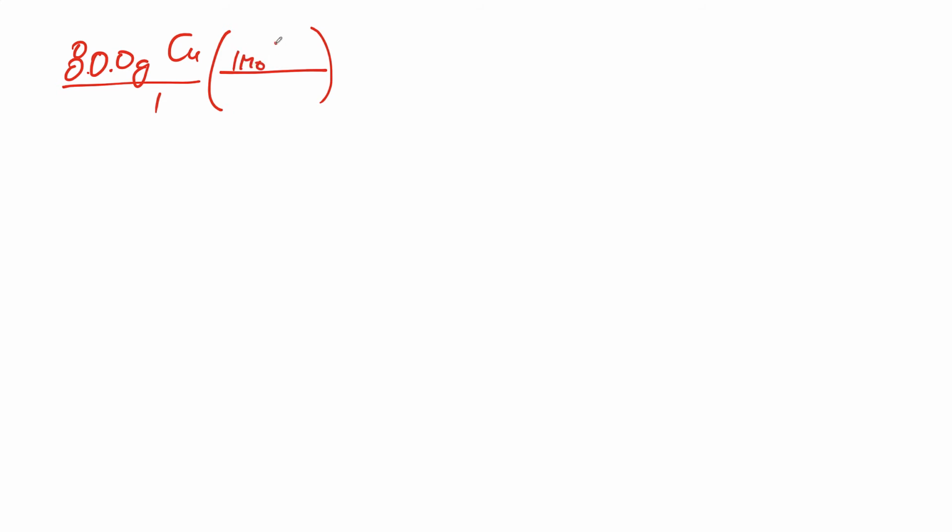So 1 mole of copper has a molar mass of, let me check my periodic table, 63.55. So we do the mathematics, and it's going to be 1.258 moles of copper.